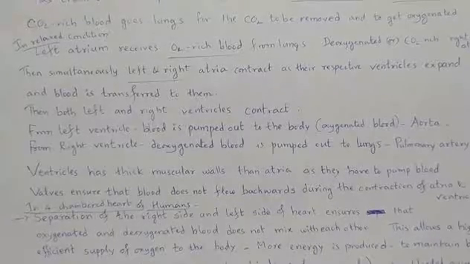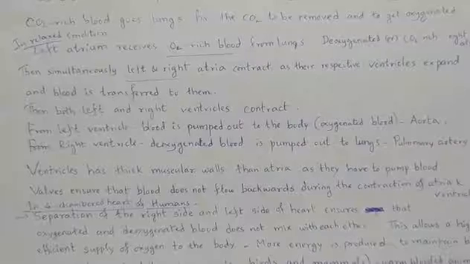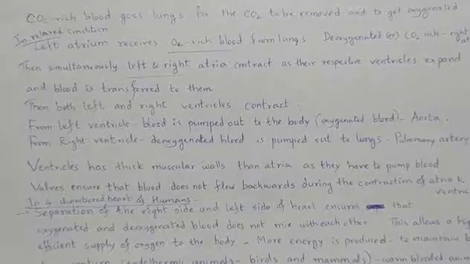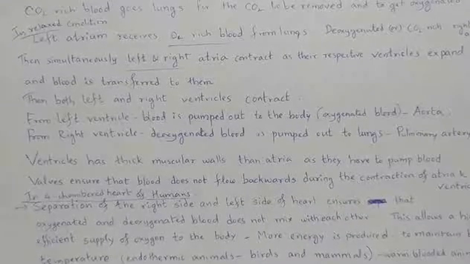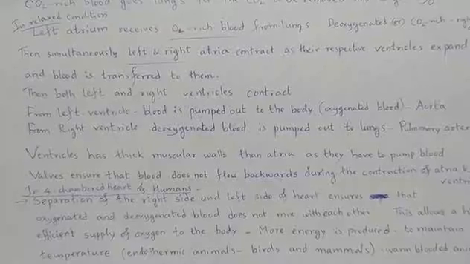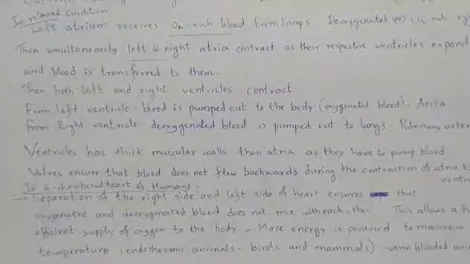So receiving of this oxygenated and deoxygenated blood by the left and right atria respectively occurs simultaneously. As they receive the blood simultaneously, then simultaneously the left and right atria contract.